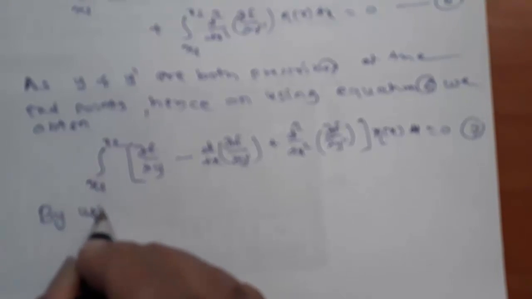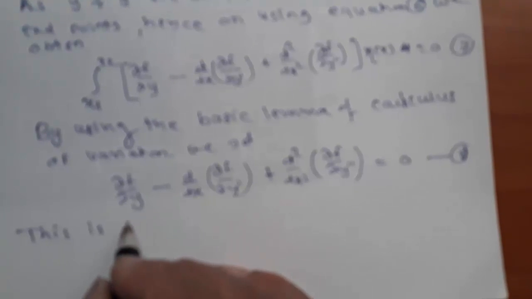By using the basic lemma of calculus of variation, we get dou f by dou y minus d by dx of dou f by dou y dash plus d square by dx square of dou f by dou y double dash equal to 0.